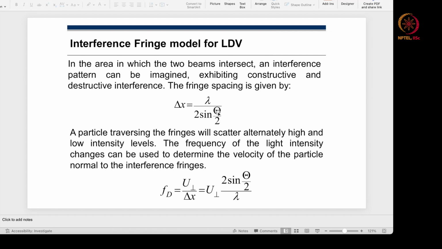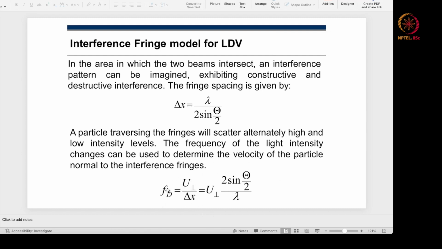As a result, the particle traversing the fringes will scatter alternately high and low intensity values, and the frequency of the light intensity changes can hence be used to determine the velocity of the particle normal to the interference fringes. Remember, this is the velocity normal to the fringes, and this is the formula.